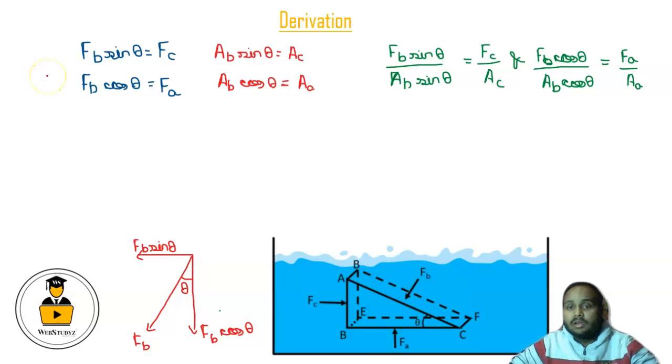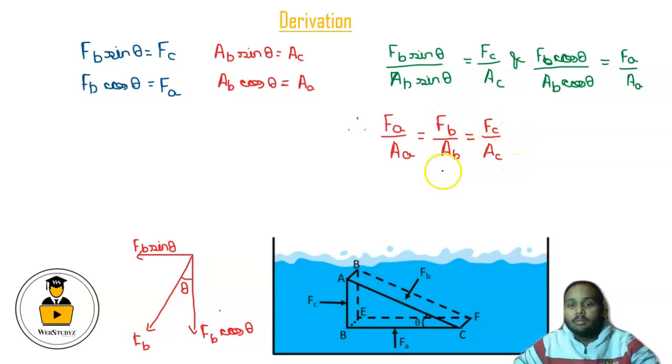So the final result is FA upon AA equal to FB upon AB equal to FC upon AC.